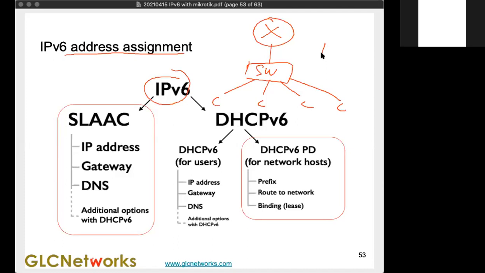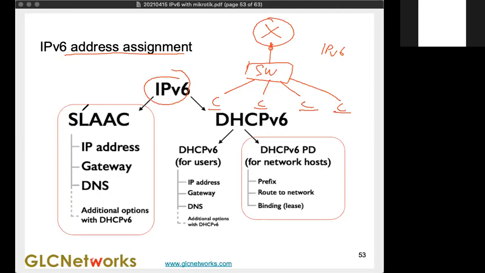Here you are using IPv6, this is your gateway, and then you need to assign IP addresses to the clients. So this client needs to have an IP address, correct?